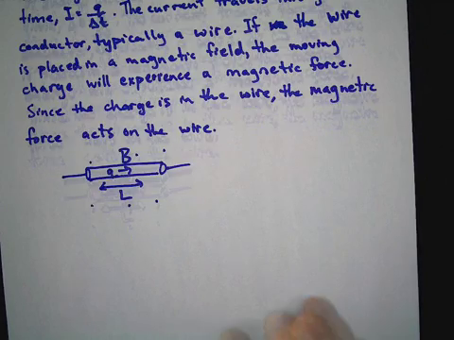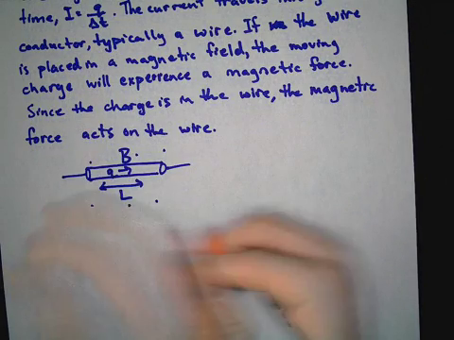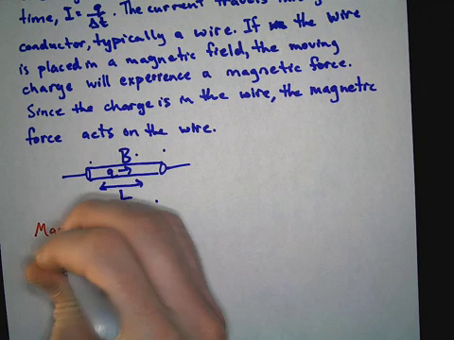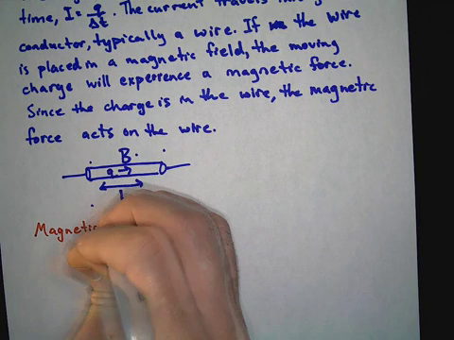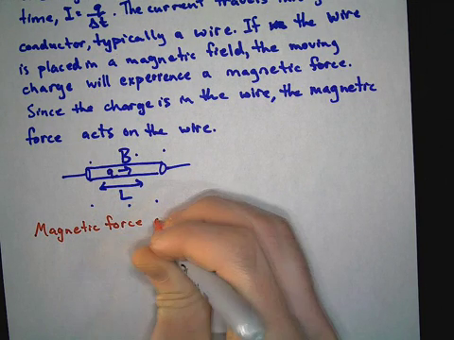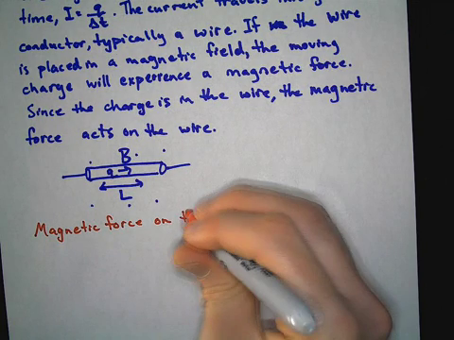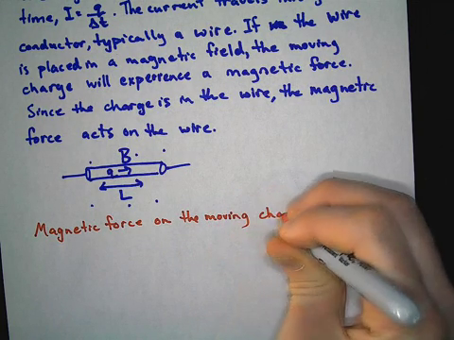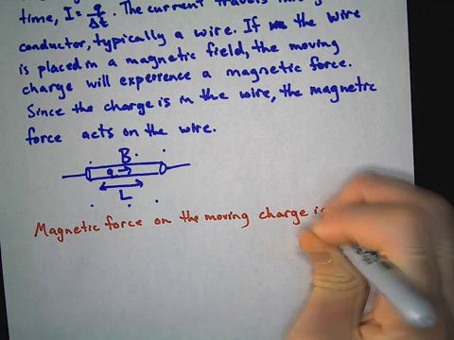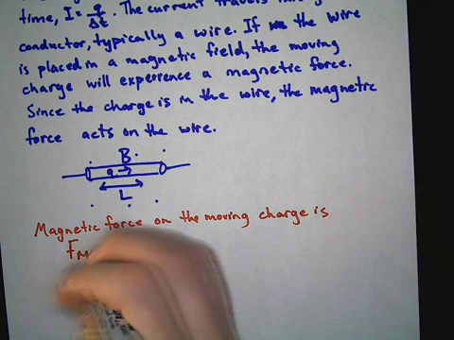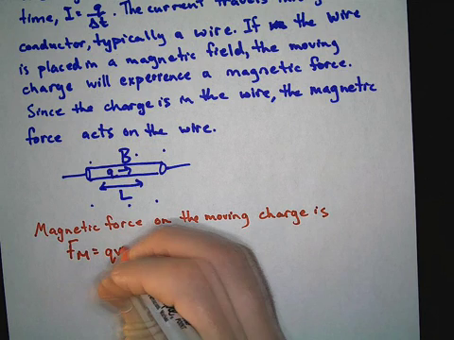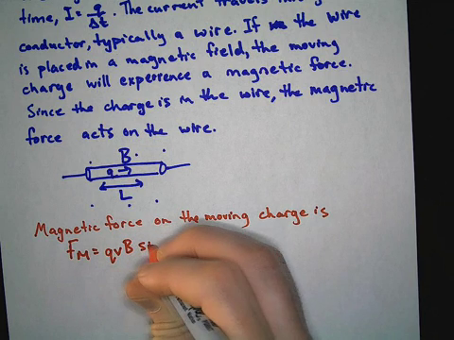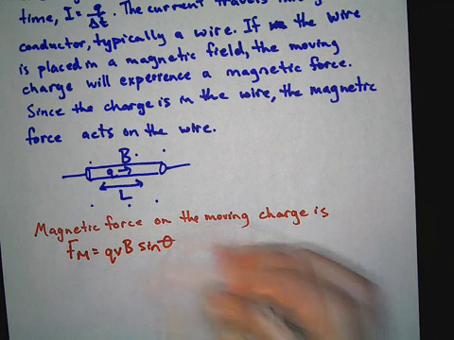Recall that the magnetic force on the moving charge is QVB sine theta.